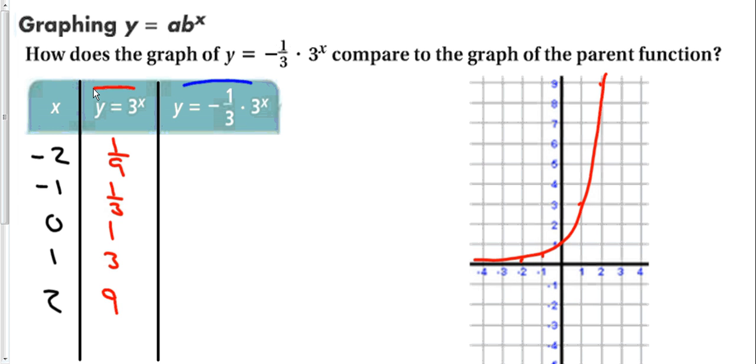So now let's switch to the function with an extra -1/3 in the front. All we have to do now is multiply this column by -1/3, which turns into -1/27, -1/9, -1/3, -1, and -3.